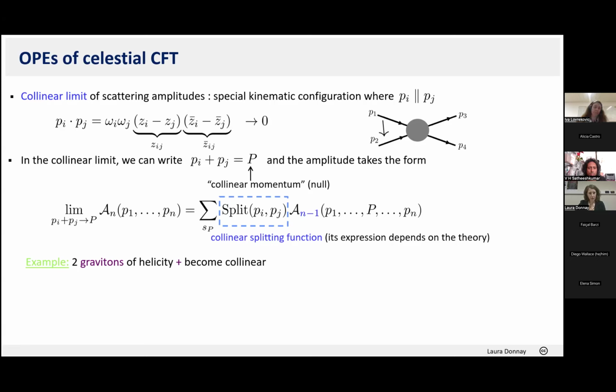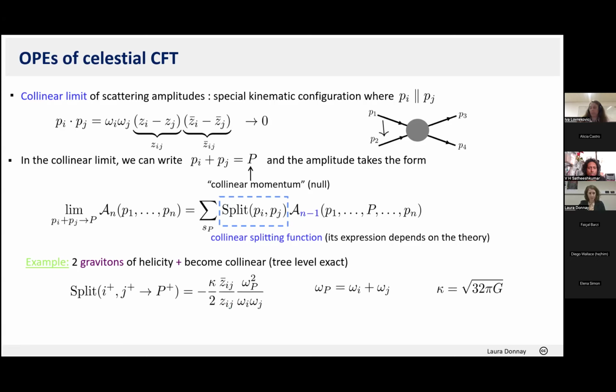So let's look at two gravitons. Let's take an amplitude and imagine that two gravitons inside, both of helicity plus, become collinear. Then people have worked this out.